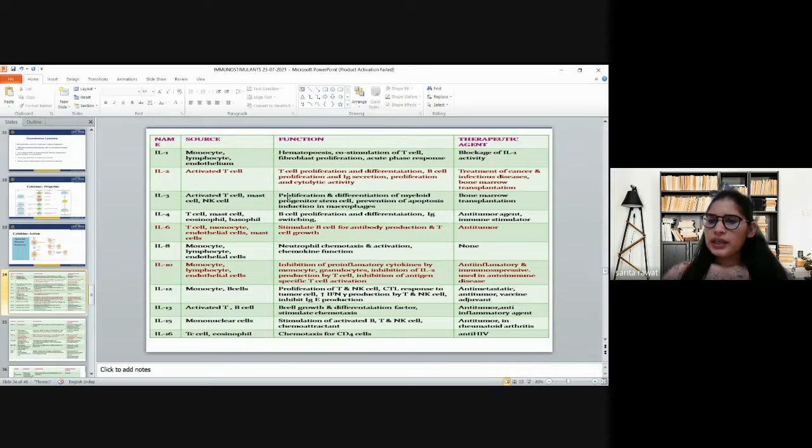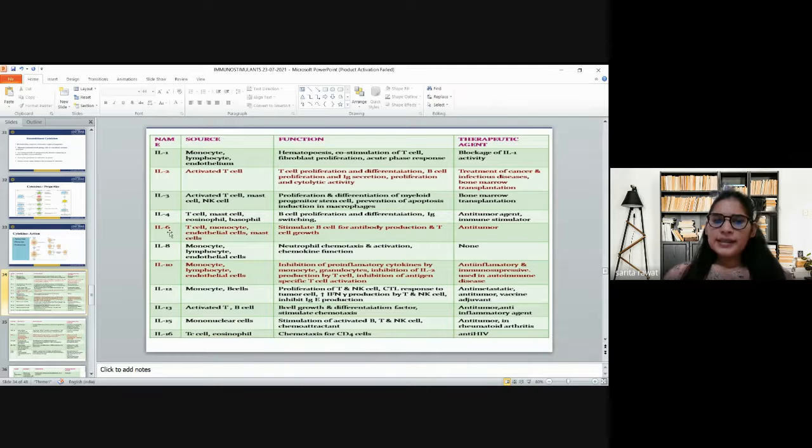Then the therapeutic use is bone marrow transplantation. Then next we have IL-4. The source is T cell, mast cell, eosinophils and basophils. The function is B cell proliferation and differentiation, Ig switching. Then the therapeutic effect is anti-tumor agent and immune stimulator.